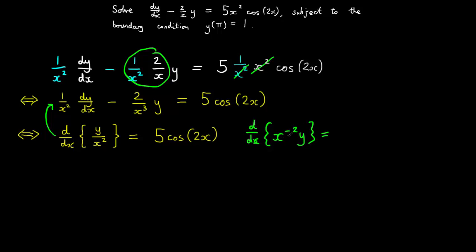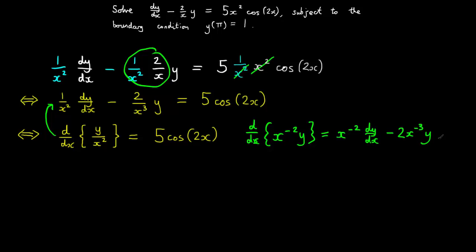And if we wanted to work out what that derivative was with the product rule, then we'd have x to the minus 2 times the derivative of y, so dy by dx. And then we'd add on the derivative of x to the minus 2 with respect to x, which is minus 2x to the minus 3 multiplied by y.